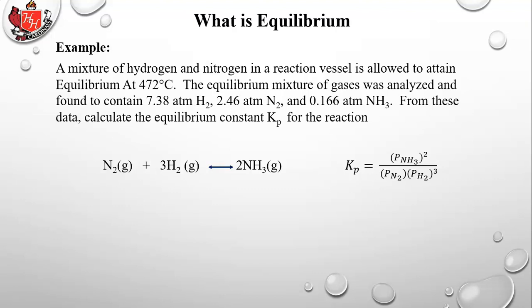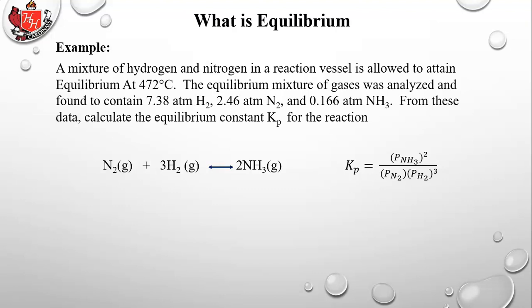So what you would have to do first is write the equation and then balance it. That wasn't done for you in this problem, and they could expect you to do that on an AP problem. So if you do that, N2 plus 3H2 gives you 2NH3, so that's the balanced equation. So now you can write the law of mass action. The product goes on top, NH3, and it's to the second power.